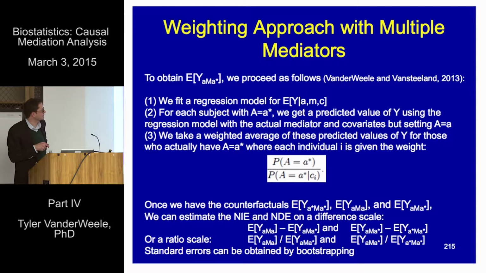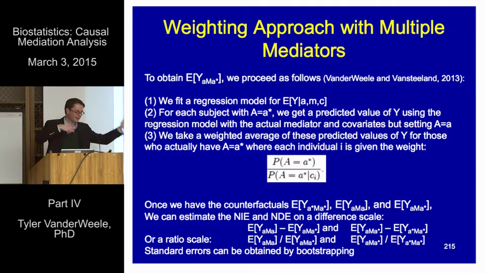So for each unexposed individual, we ask what we would guess their outcome would be if they had their actual mediator value, but we set the exposure to 1. In some sense, we're trying to predict what would happen if we gave them the exposure, but we left their mediator at what it would have been in the absence of the exposure. That's essentially what we're trying to get out of that prediction here.